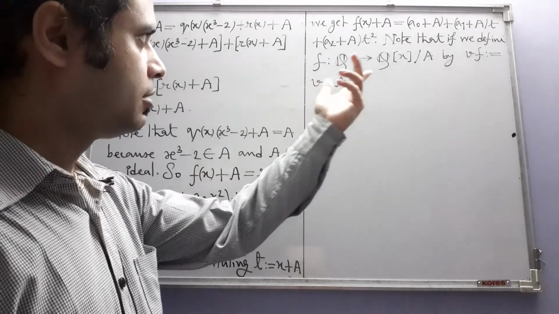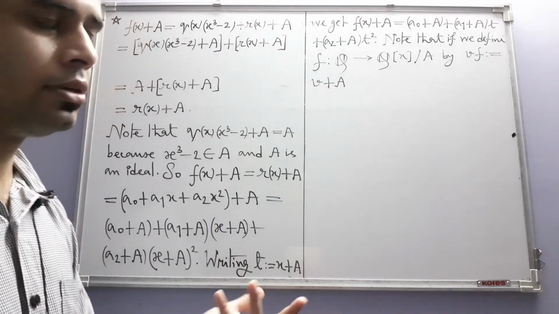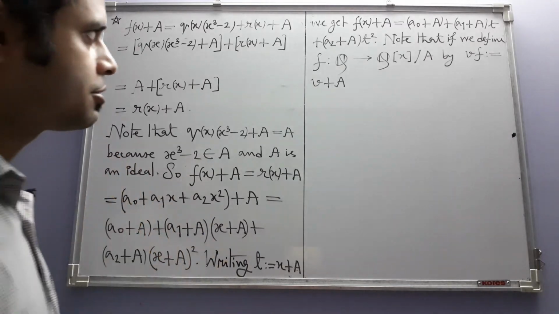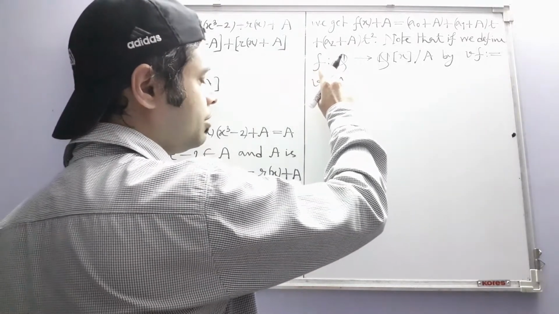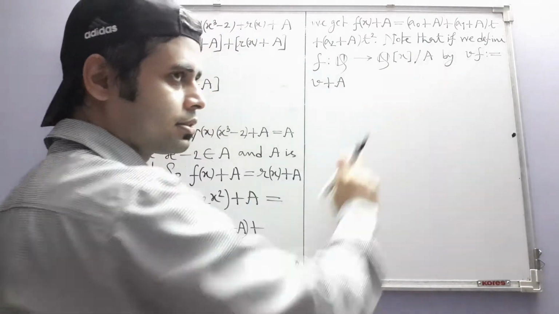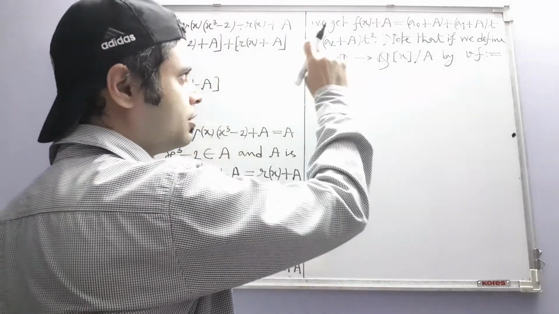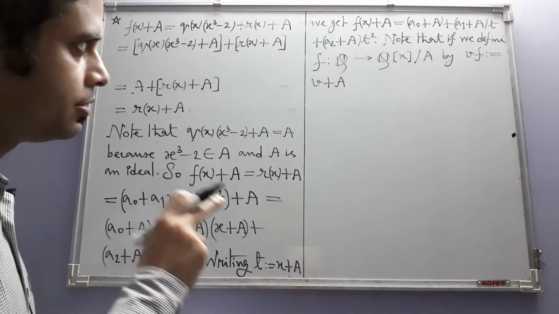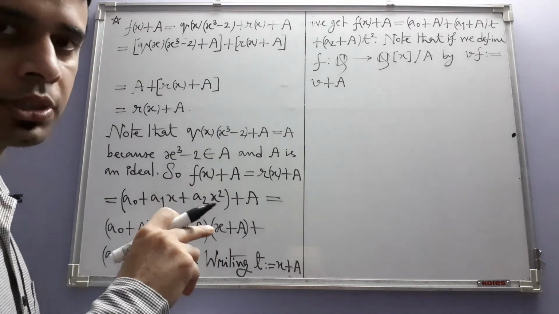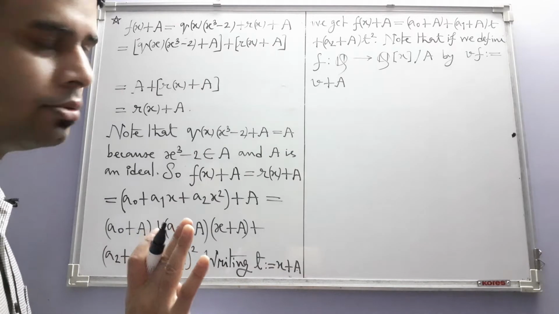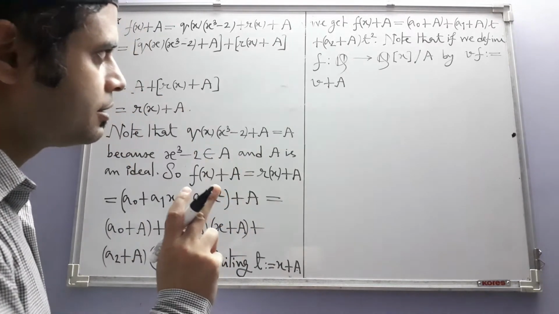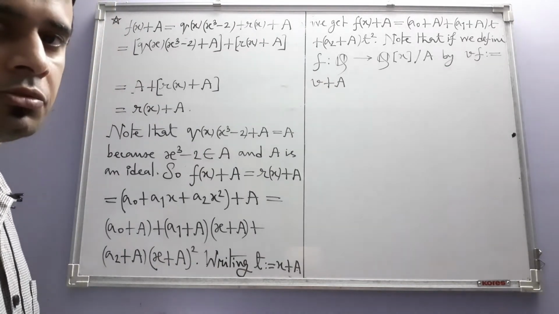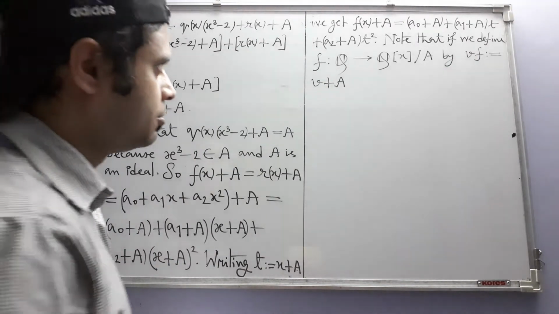That is, it respects addition as well as multiplication, and it also maps the unit element of Q to the unit element of this quotient ring. Unit element of Q is 1, the rational number 1, and the unit element in this quotient ring is the coset 1 plus A. So that thing is true. One more thing that is true here is that this function will be injective. It will be 1 to 1.